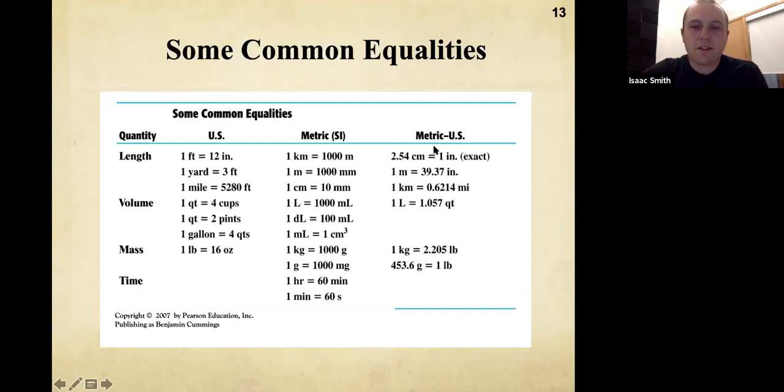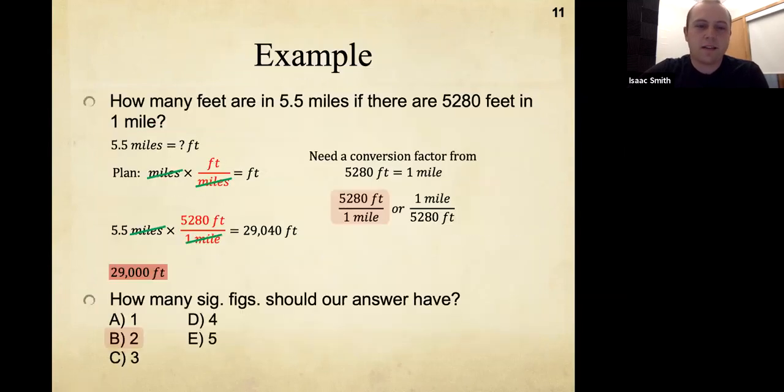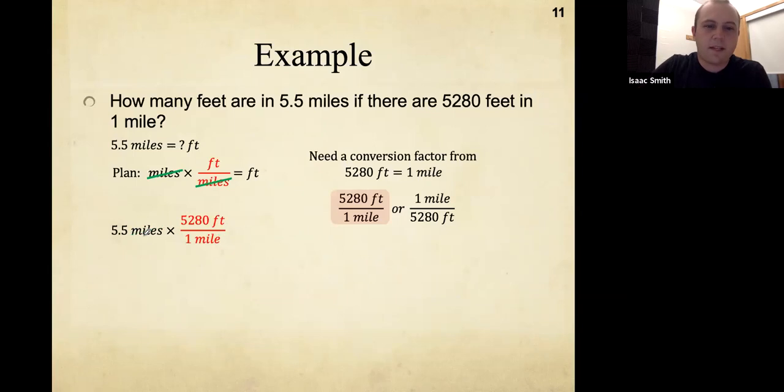Let's go back though to this problem here, okay? The question I posed was, how many sig figs should our answer have? The actual calculation is right here, and our answer was 29,040 feet.